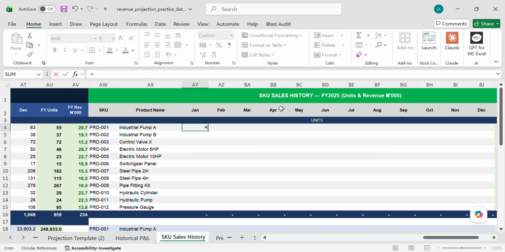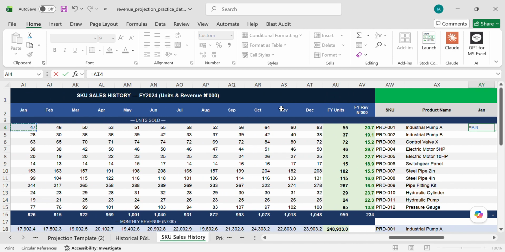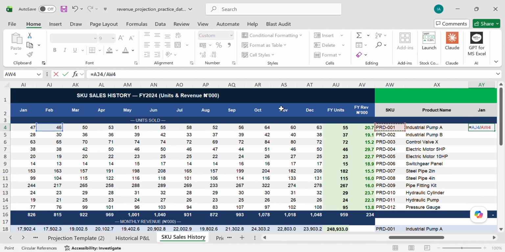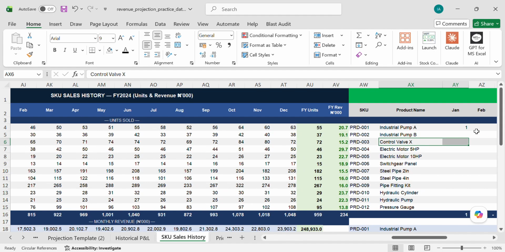So you can say, let's see how the growth has been like for this business.